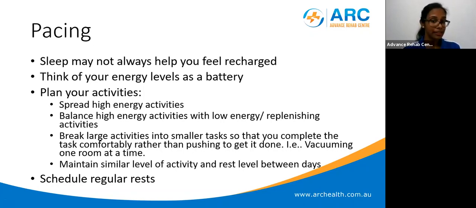You can also break down what you consider as high energy activities into smaller chunks. For example, if you consider vacuuming as a high energy activity, rather than doing the whole house, you can perhaps break it down to just doing one room at a time. So then you convert that high energy activity into a low energy activity.